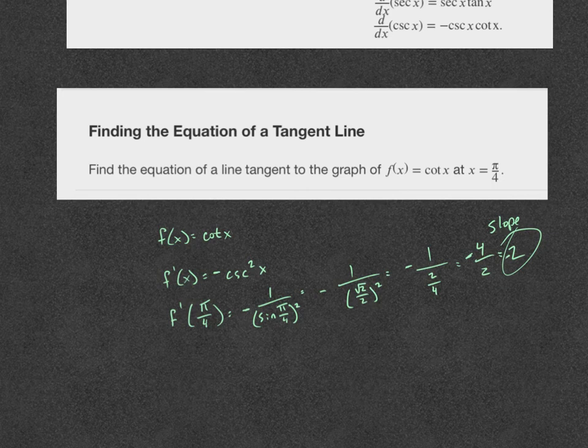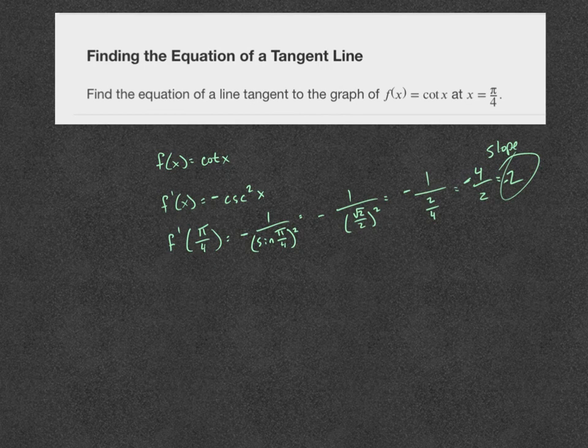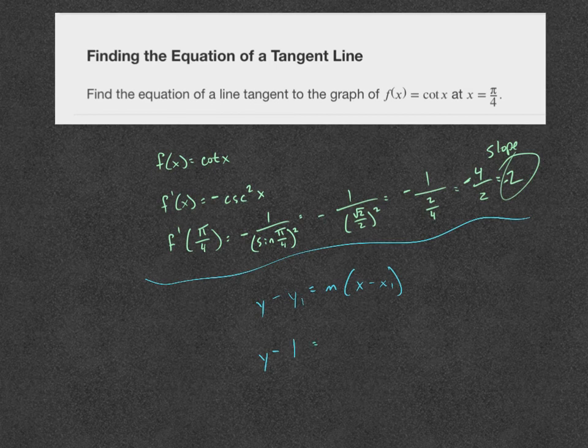Now, last part of this problem, what's my point-slope formula? y minus y1 equals m times x minus x1. Substitute in everything. y minus our y coordinate at pi over 4, which is 1, I didn't find that yet, I'll show you in a second where that comes from, equals negative 2 times x minus the x coordinate, pi over 4.